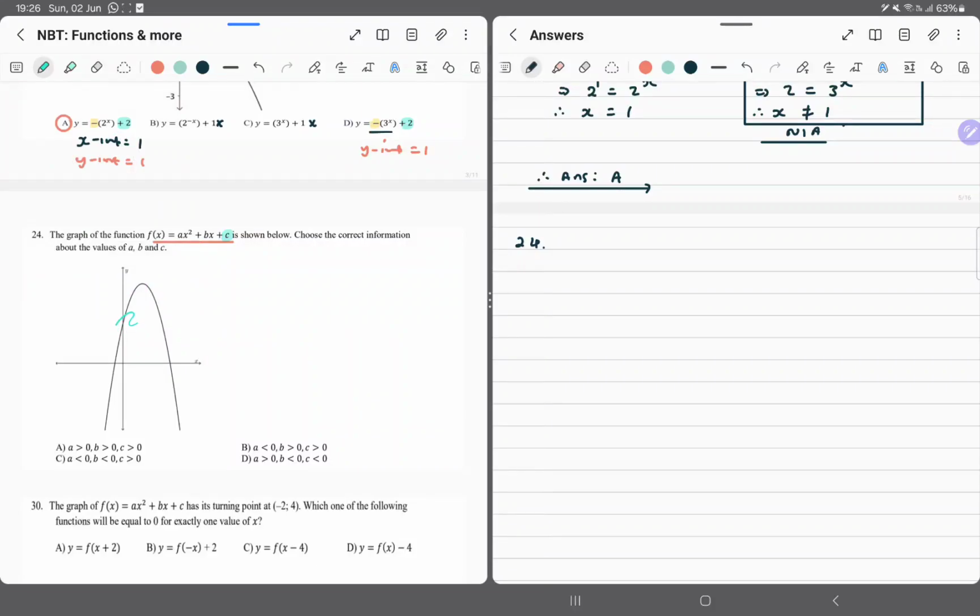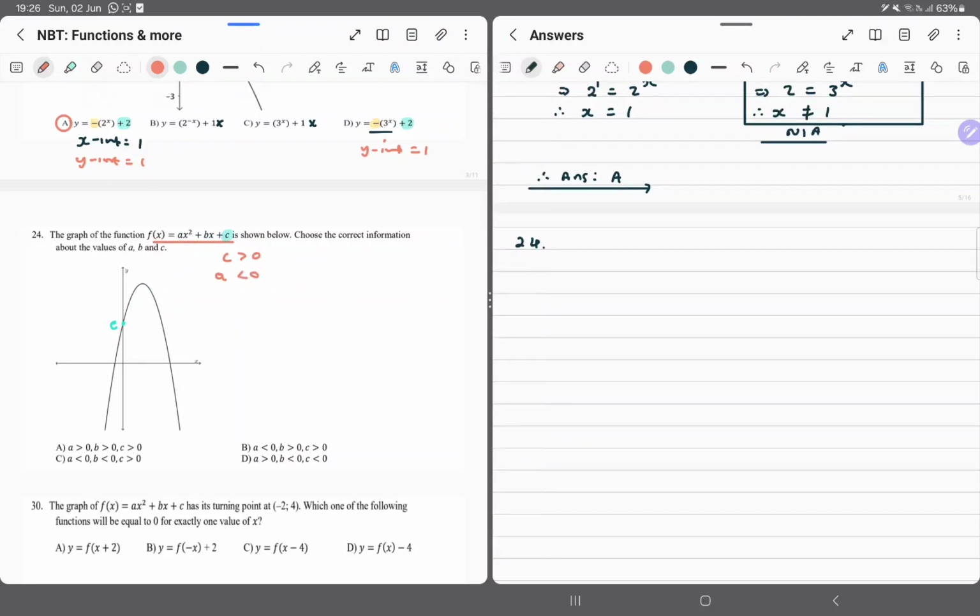So this means this is c. So we can see c is greater than 0. A is the coefficient of the highest power. It means since the graph is concave down, a is less than 0. So we can appreciate c is greater than 0, a is less than 0.